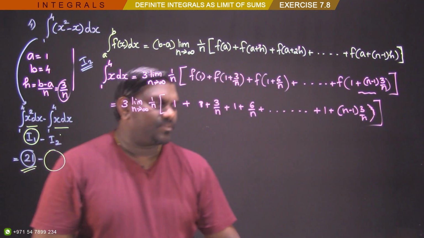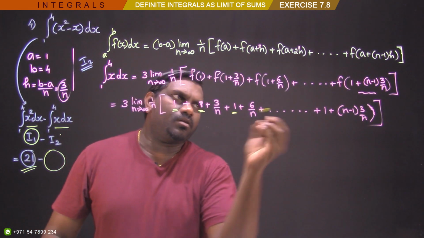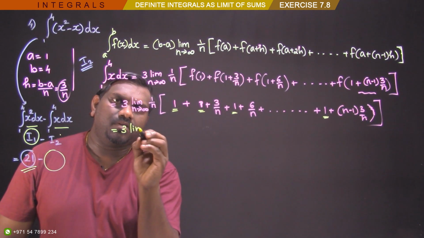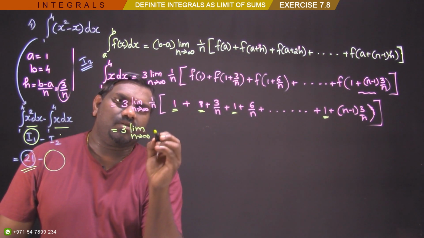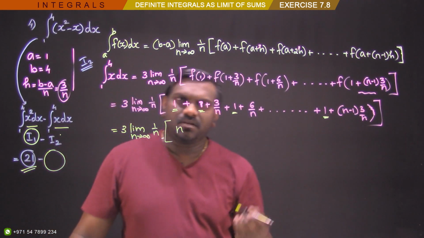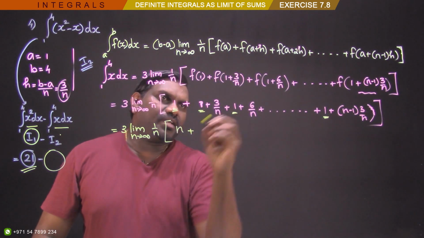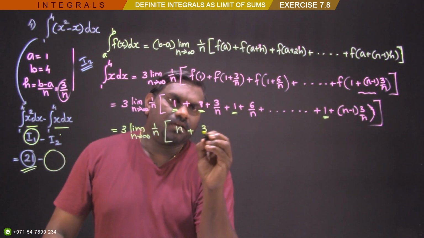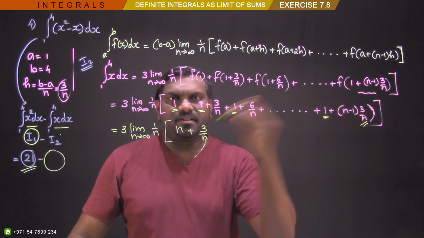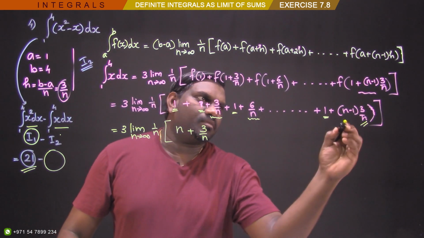So that's done. Then as you can see, 1, 1, 1, and it goes on. And how many 1s do you have? You have n ones, dear. So what can I write here? n into 1 is n itself. Plus, what you will be taking out here? 3 by n is what I'm going to take out, from this term, this term, this term.